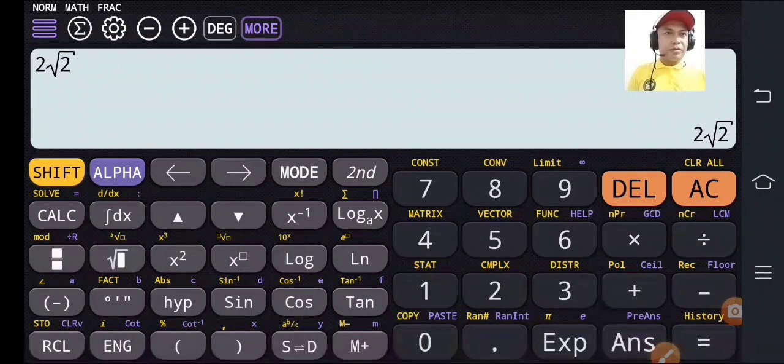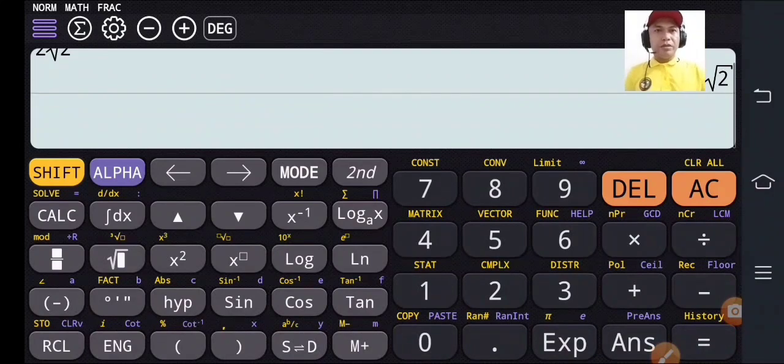Sine is opposite over the hypotenuse. The opposite is square root of 8 over 3, the hypotenuse.